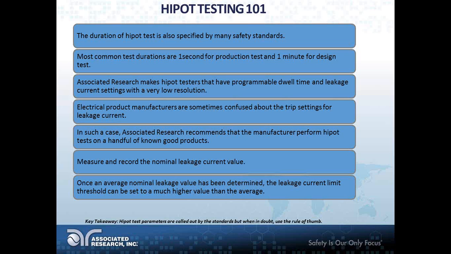The operator can adjust the limit to the value specified by safety agencies. If the device being tested has faulty insulation and a breakdown occurs, the leakage current will exceed the threshold, and the Hipot will indicate that a high limit failure or an overload failure has occurred.